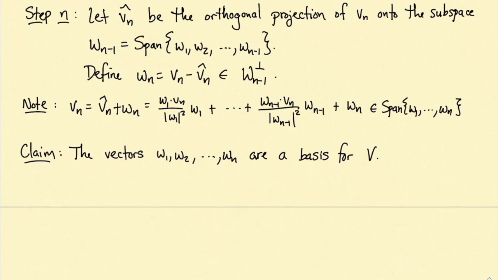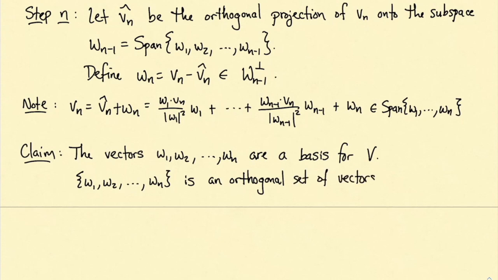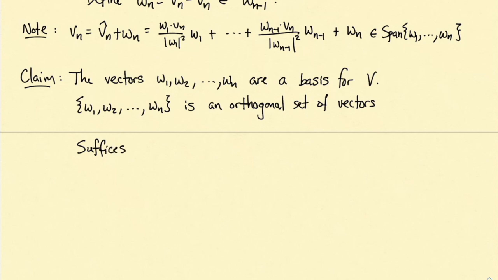By our construction, we chose the vectors so that at each step, the ith vector was orthogonal to all the vectors that came before it. This tells us that our set of n vectors is an orthogonal set of vectors. That means they are necessarily linearly independent, so they are a basis for the space they span. We just need each of the basis elements of V to be an element of the span.